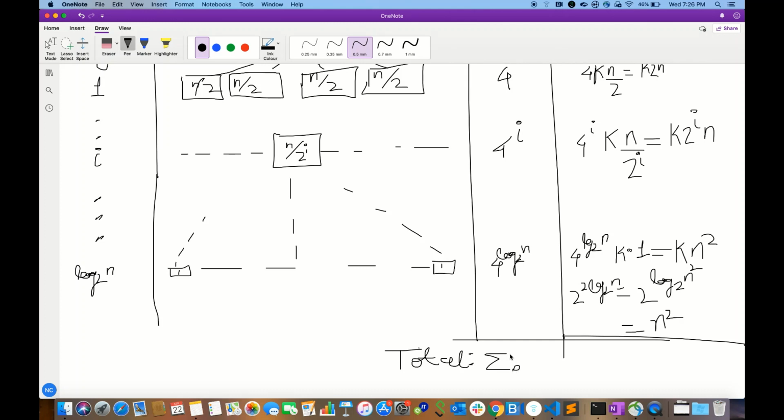Summation from 0 to log base 2 n of 4 to the power i times k times n by 2 to the power i. So we need to calculate the total work that needs to be done, which will give us the generic time complexity. So in this case it will get reduced to somewhat theta n squared. That means the time complexity being n squared.